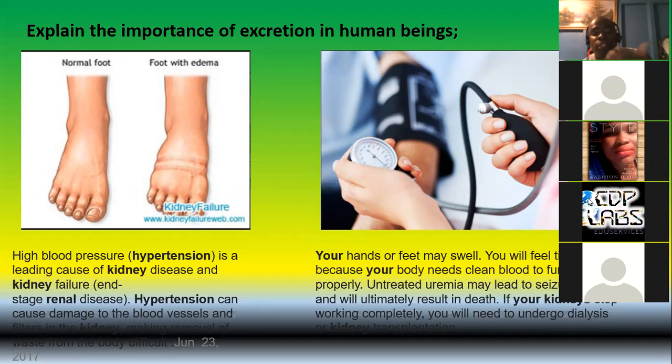And excess salt in the body can lead to water retention in the body. And if you have high water retention in the body, it is going to lead to high blood pressure. And high blood pressure will lead to heart attack.